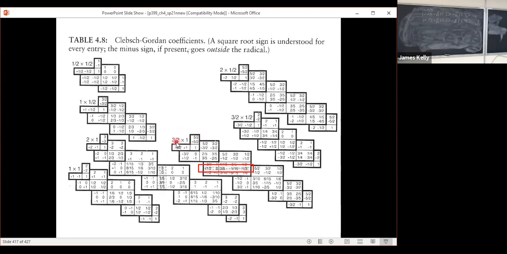Because the 3/2 comes first, the first spin state to appear corresponds to the 3/2, and this one corresponds to the spin 1 particle. It didn't matter up here, everything was symmetric. If I were doing an electron and a proton, it doesn't matter which one I consider first and second, as long as I keep it straight which one I'm using.